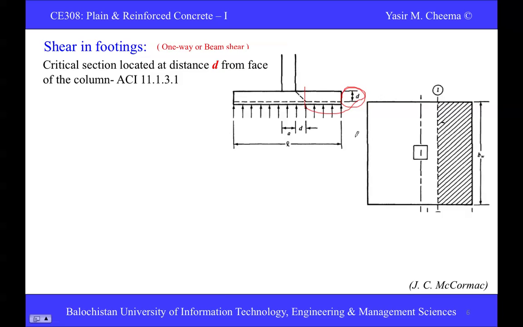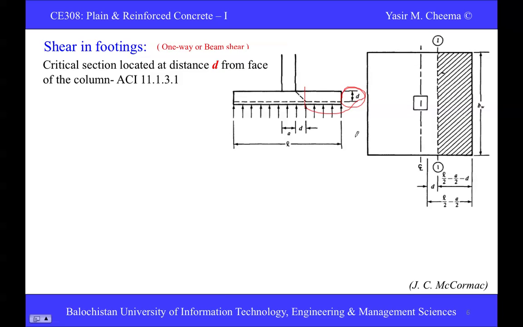Further, you see here in plan view, this is just another view. This is your column, and this is the distance D. At this line, the shear strength occurs.